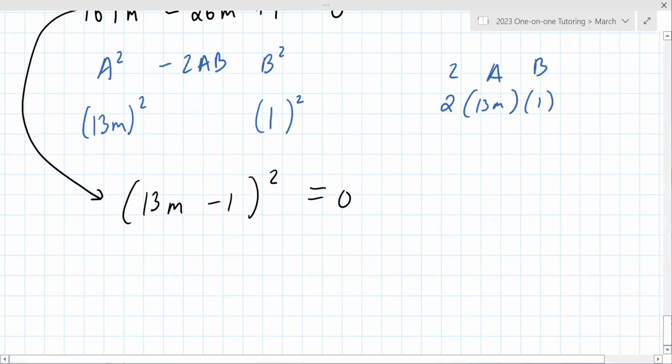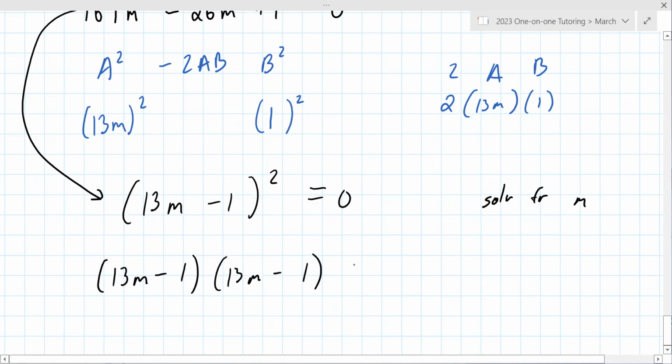We have to solve this for m. All right. Now you're used to setting them equal to 0. You can do that here as well. You just have to write both terms. Like there's actually, the squared means they're just the same. So you set them each equal to 0 like this. Okay.